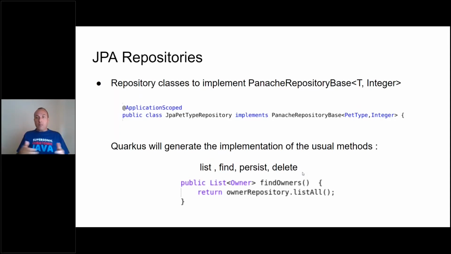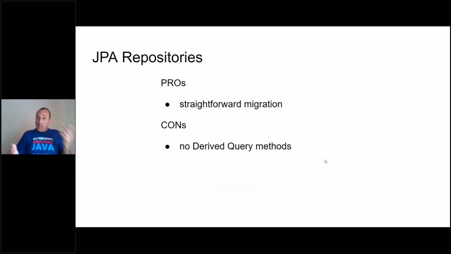Apart from that, we have the common methods to handle an entity: list, find, persist, delete. Well, that was easy too. The only thing that we don't have are derived query methods, those find by name and age and so on. If that's the case, we need to annotate a method with the query, and that's it.